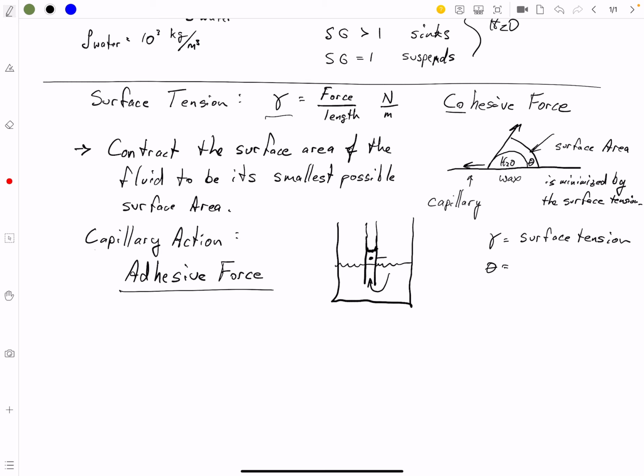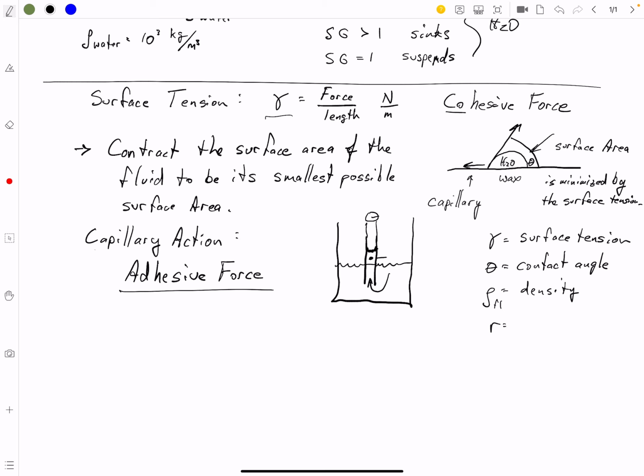We've got our density of the fluid, and we've got our radius of the pipette, which is half of the diameter.